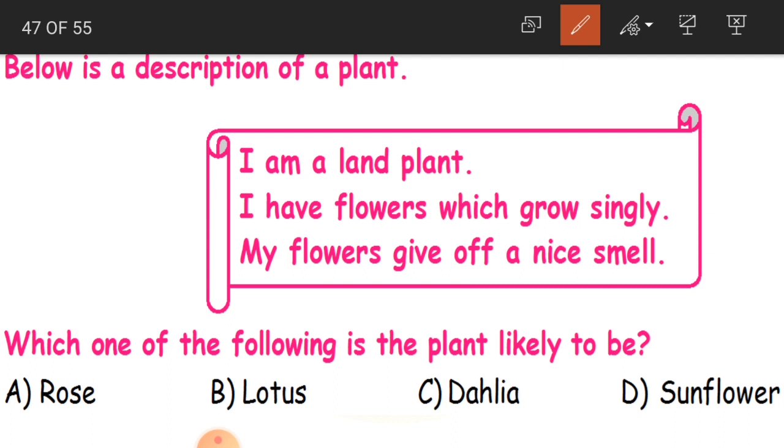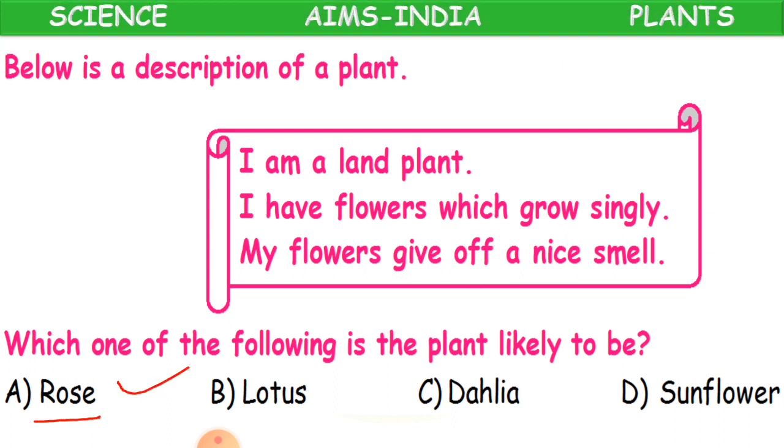Which one of the following is the plant likely to be? Which will be that, children? That is our rose. Okay, A option. This is the right answer because you have a very nice perfume type of smell from this plant. When compared to lotus, dahlia and sunflower, rose has got this smell. Okay, children, and it also grows on land.